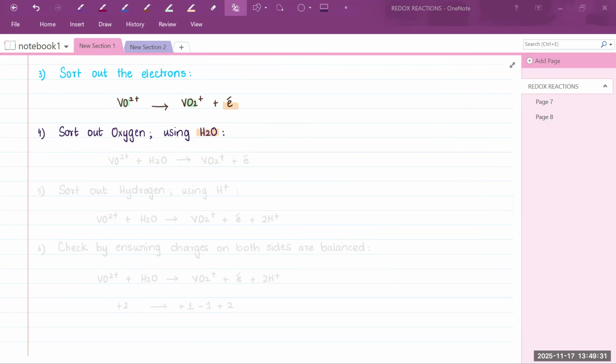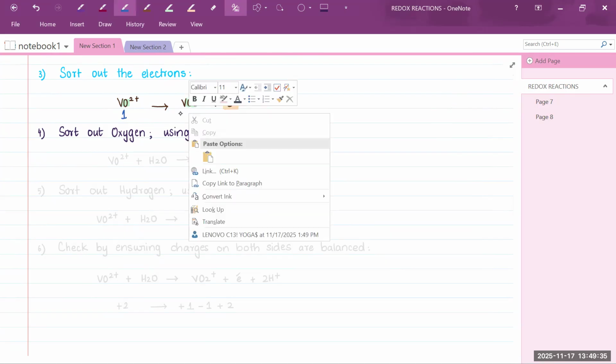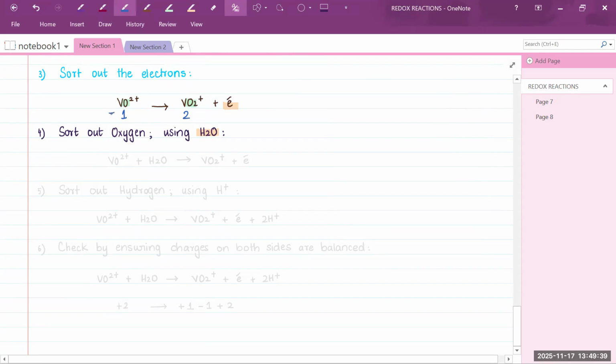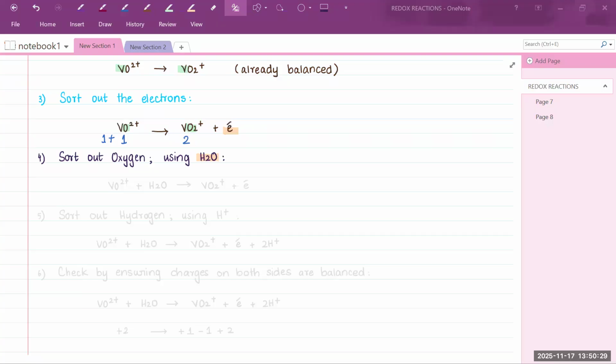So you have one oxygen here and you have two oxygen here. So we need one more oxygen here, right? What I was saying, we need to add one oxygen here.